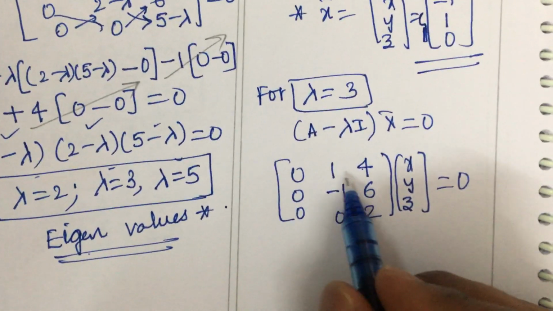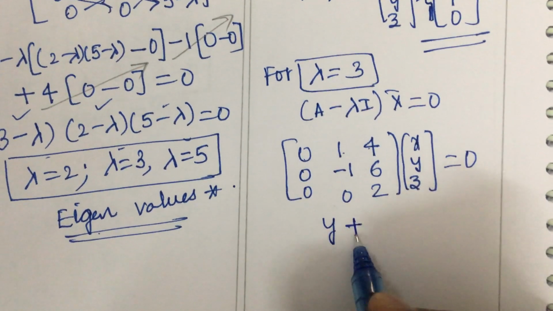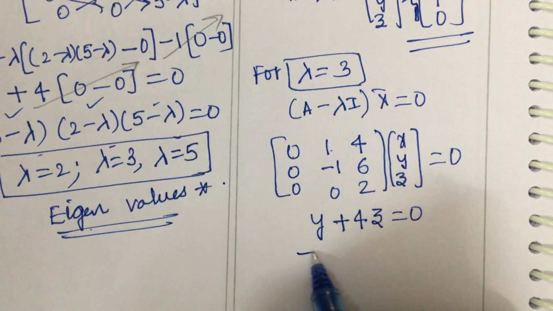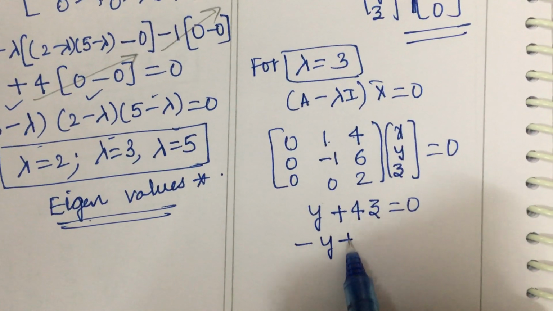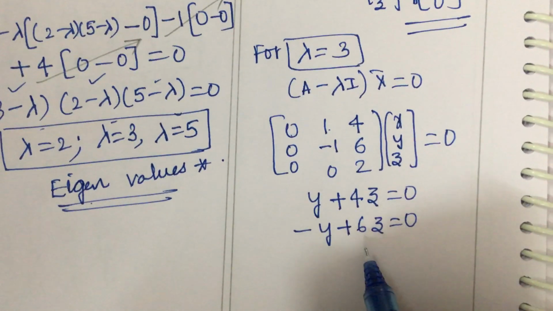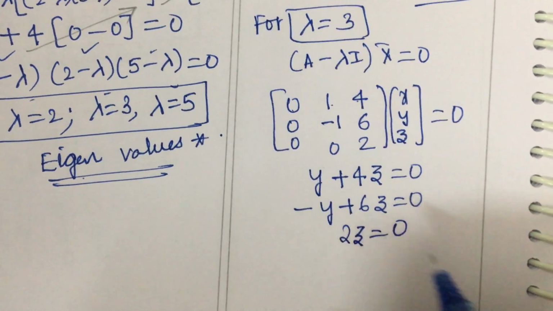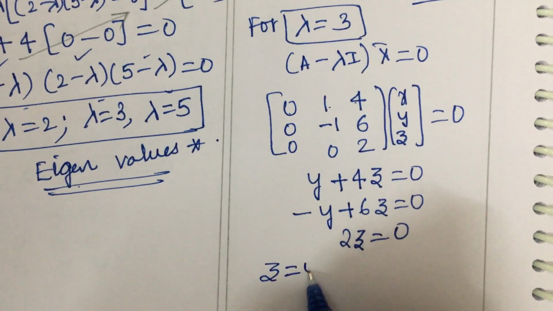So from this I can write the equations: 0 times x is 0 and 1 times y is y plus 4z equals 0, and minus y plus 6z equals 0, and later here 2z equals 0. So if you look here, dear students, again z equals 0.